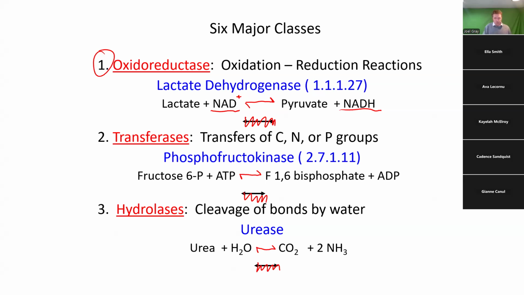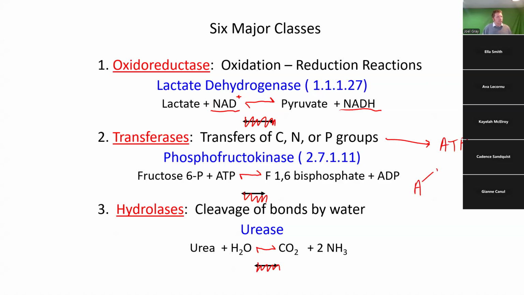Now, a transferase is a type of enzyme that transfers a carbon, nitrogen, or a phosphorus containing group. In which case you might be thinking, okay, what does that look like? Well, one thing it looks like would be using ATP, adenosine triphosphate. A very cartoonish model for ATP looks a little bit like this.